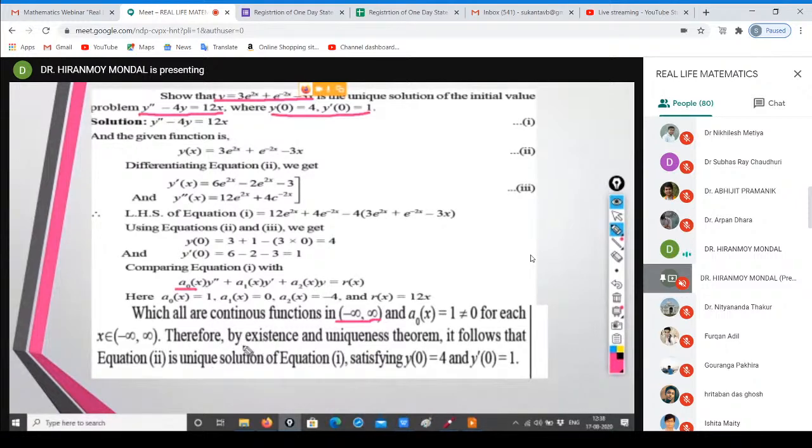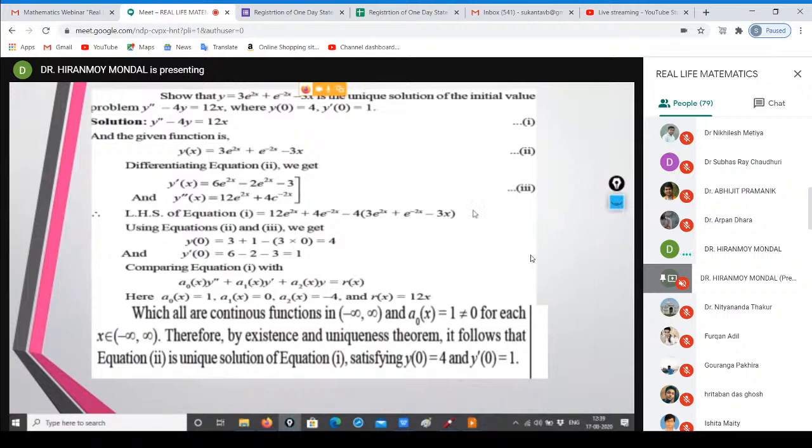Therefore, by the existence and uniqueness theorem, it follows that equation 2 is the unique solution of this equation and also satisfies the initial boundary conditions of this differential equation.